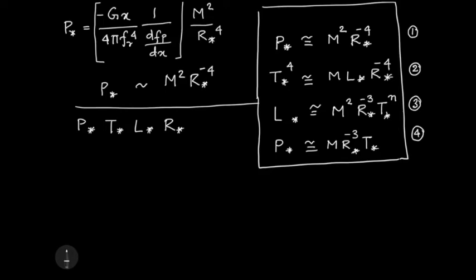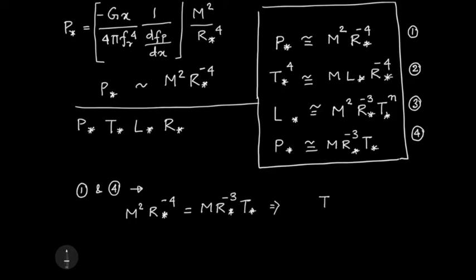So let's first use the first and the last equation, because I can see I can eliminate P directly. So 1 and 4. If I use these two, I can just eliminate P. So I get M squared R to the minus 4 equals M R to the minus 3 into T star.